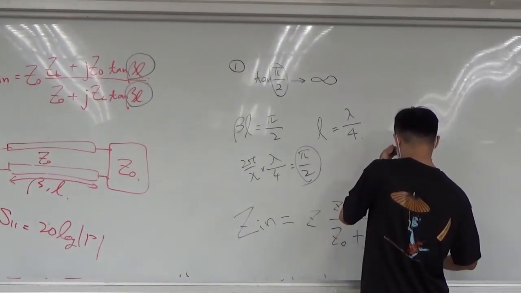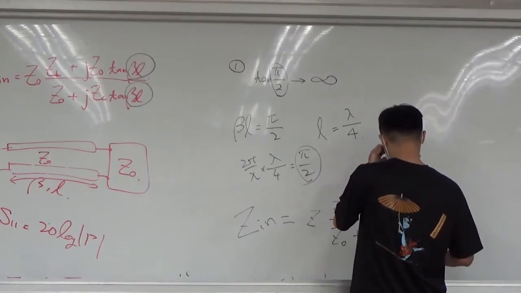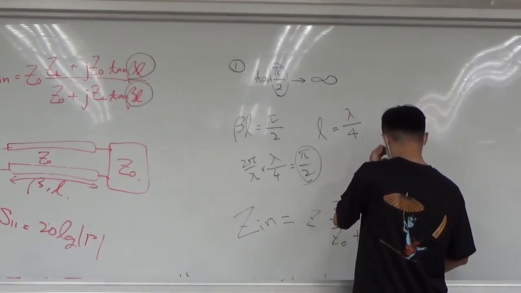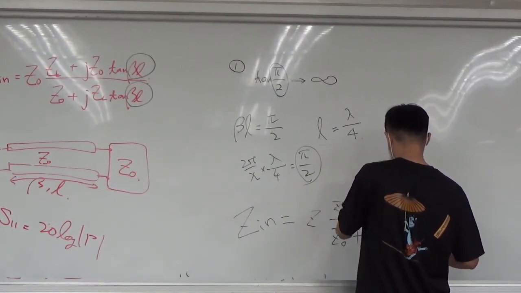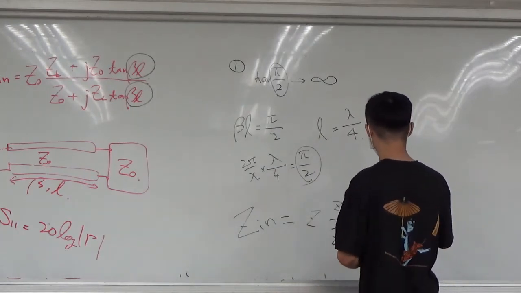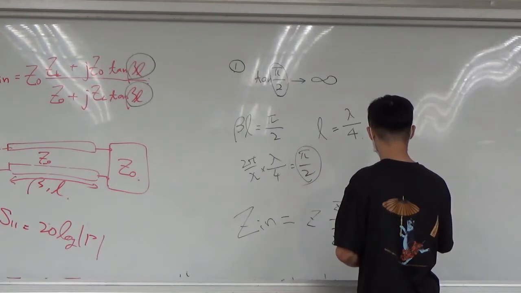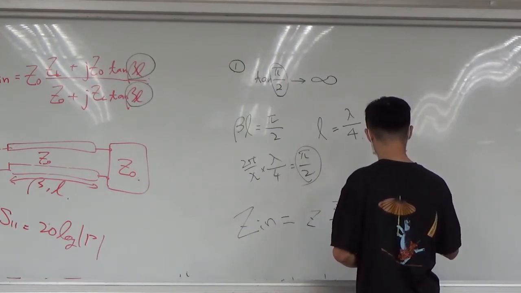Your beta is big. Okay. So what happened if your L is lambda over 4? This one is infinite, right?